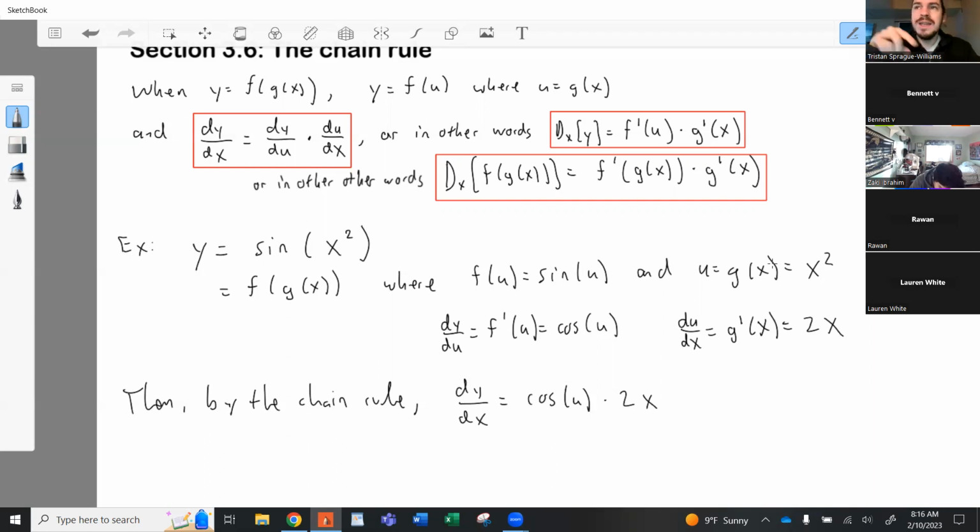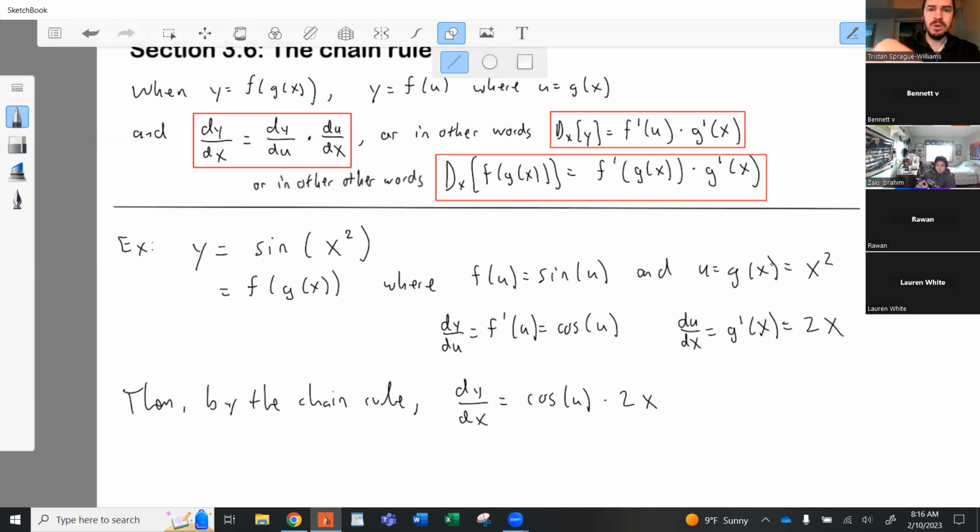But we don't want to actually leave our answer with a u in it. So the u substitution we're doing here is a nice temporary placeholder to simplify everything. But we don't want it in our final answer. So what we want to do here is go back and say, well, u is equal to x squared, right? So we'll do cosine of x squared times 2x.